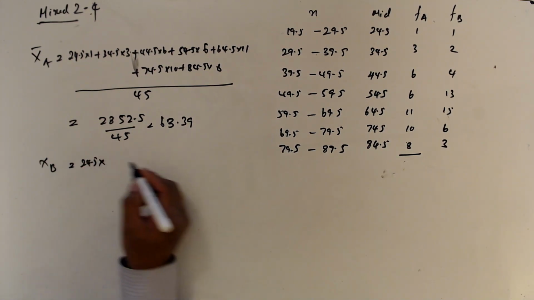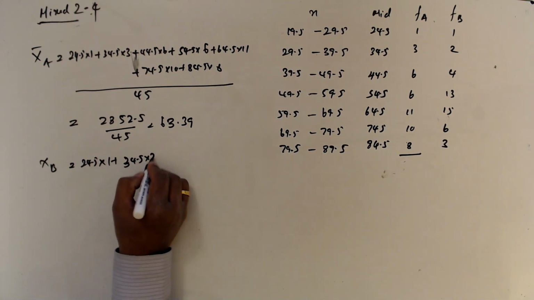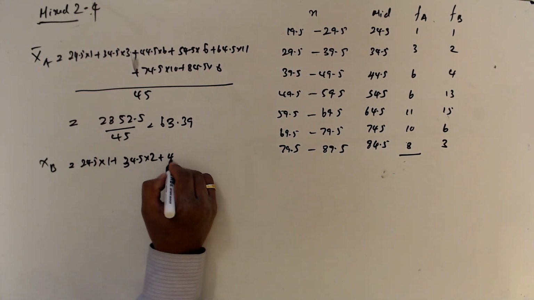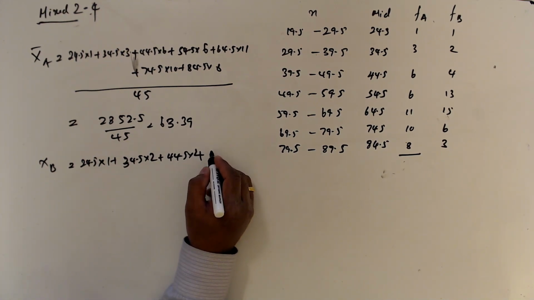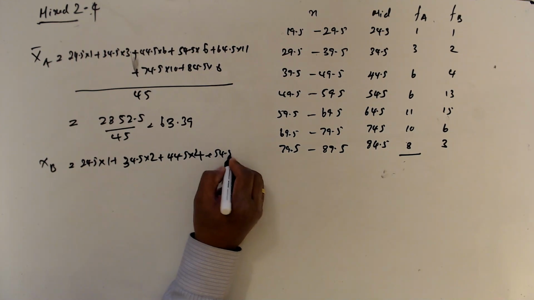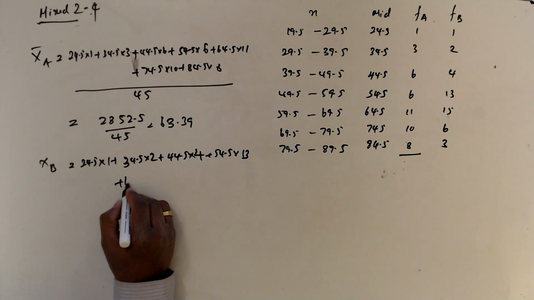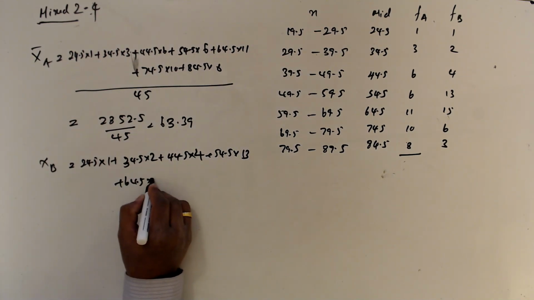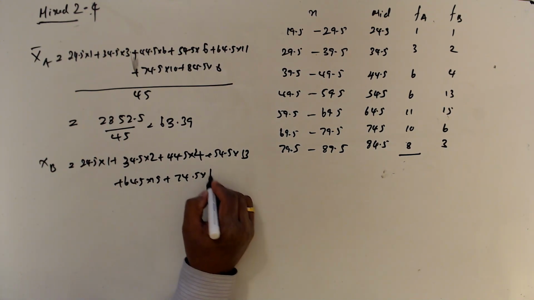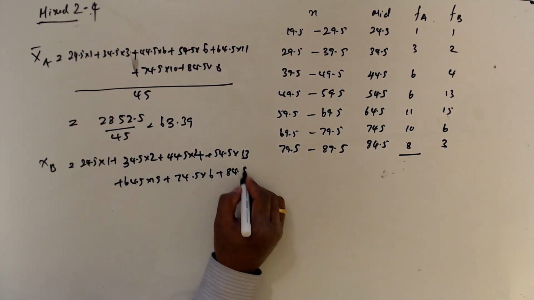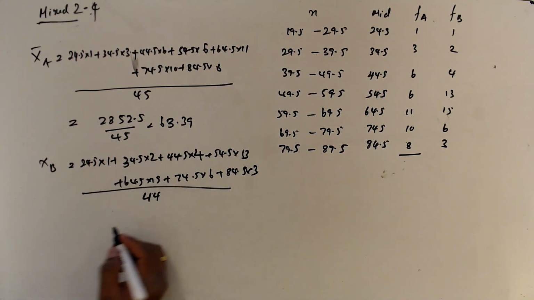And group B, x bar B, is 24.5 times 1 plus 34.5 times 2 plus 44.5 times 4 plus 54.5 times 13 plus 64.5 times 15 plus 74.5 times 6 plus 84.5 times 3 divided by 44.